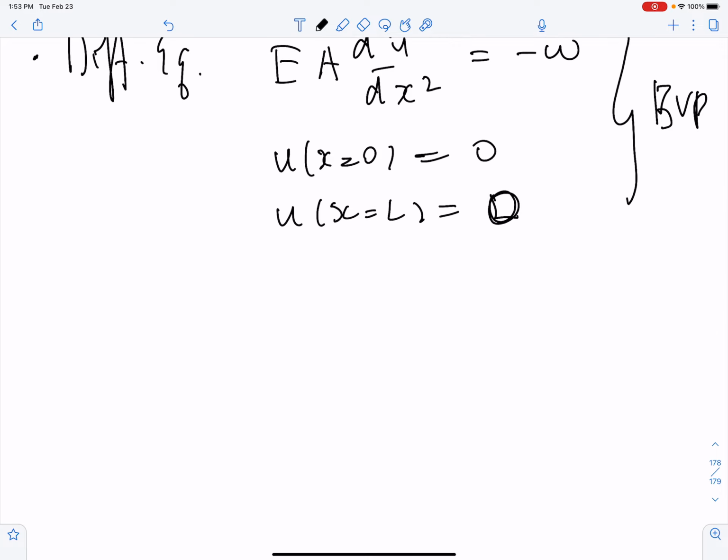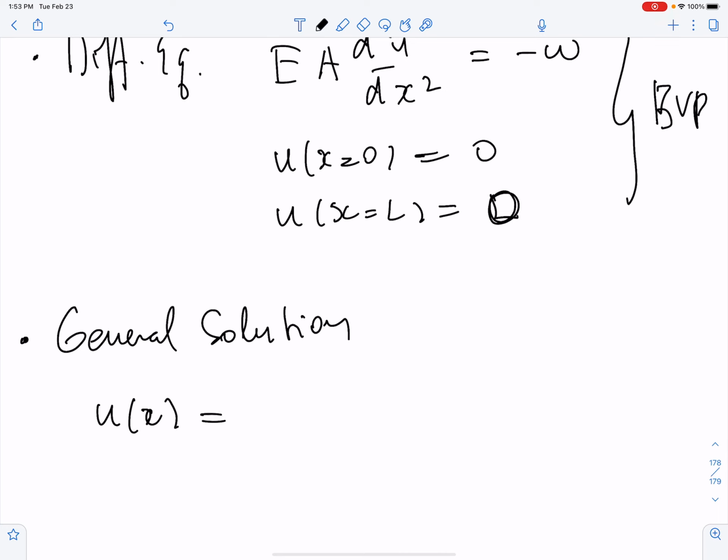Okay, remember our general solution is u of x equals u homogeneous of x plus u particular of x.